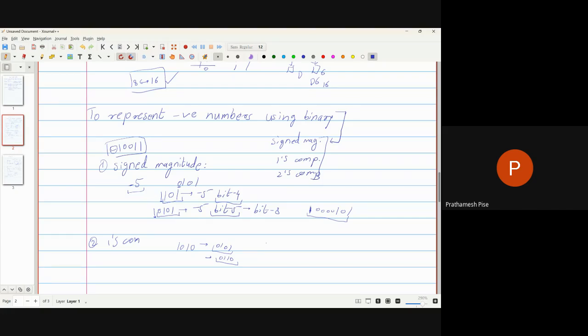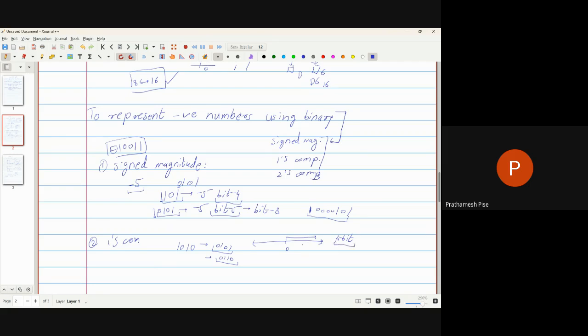So see, consider this number line. This is our 0. We can use binary numbers to represent any number that is 0 or positive, right? But the problem comes with the negative numbers. Let's say we are using 4 bits.